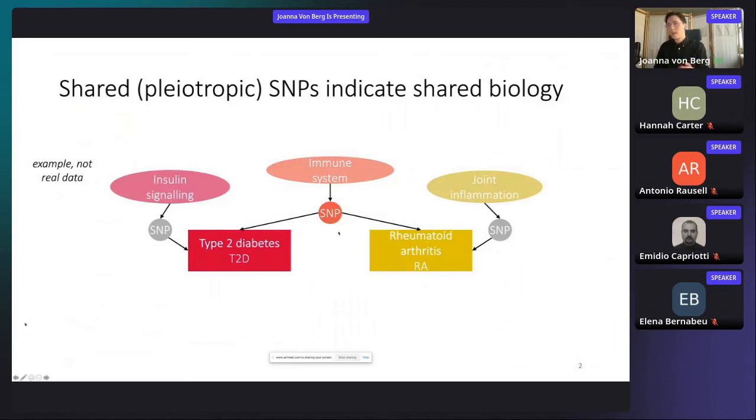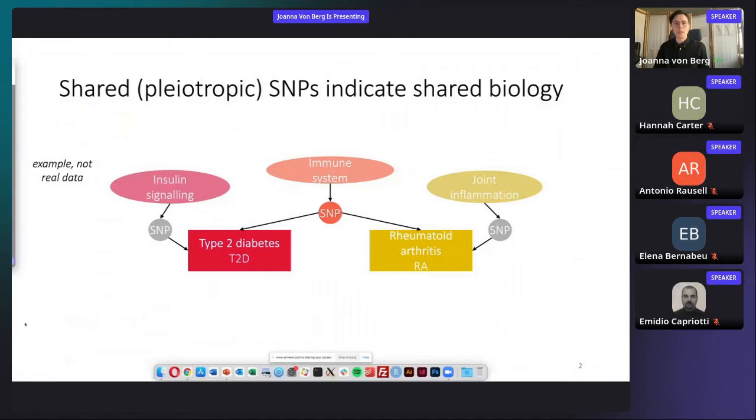Because both these traits are immune related, we would indeed expect these SNPs that are involved in the immune system to be associated to both traits. And so if we can find these SNPs, then we could potentially learn more about SNPs for which we don't really know what their function is yet.